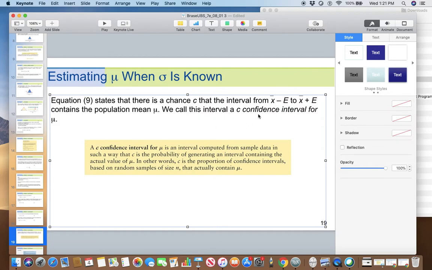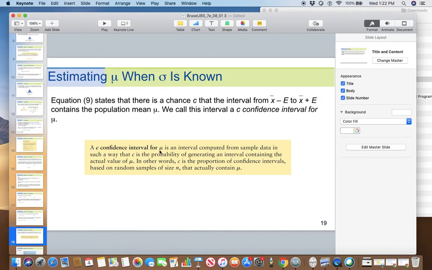We call this interval a C confidence interval. What is a C confidence interval for mu? It is an interval computed from sample data in such a way that C is the probability of generating an interval containing the actual value of mu.